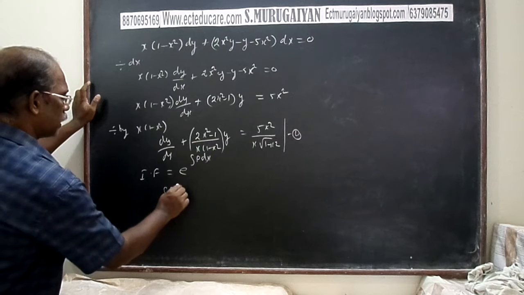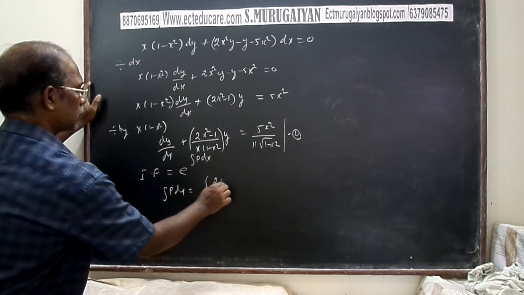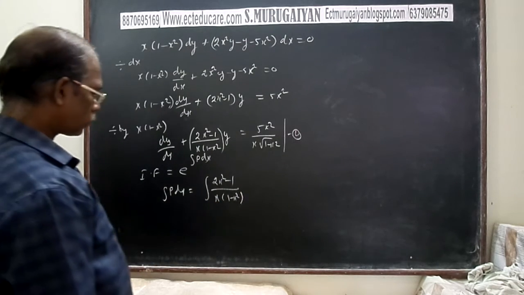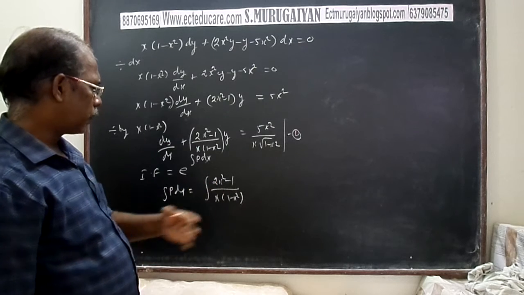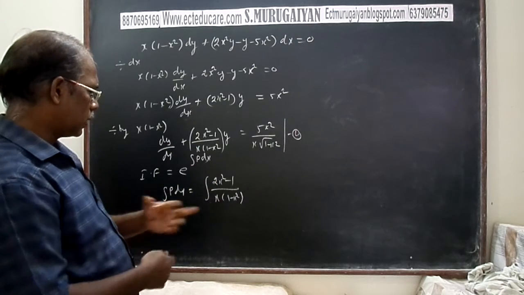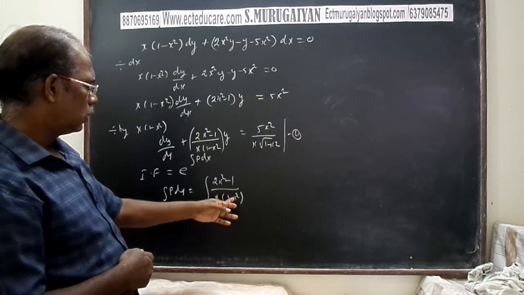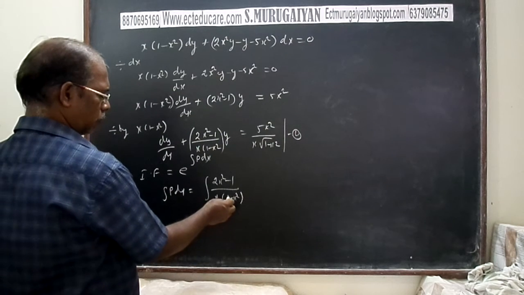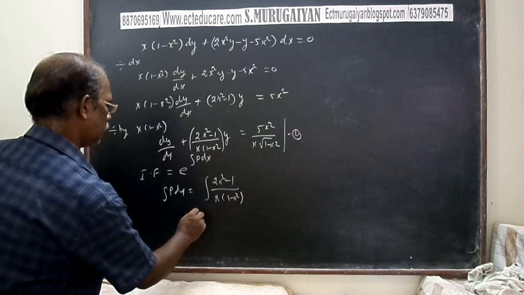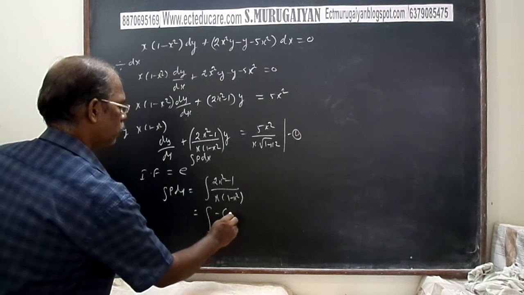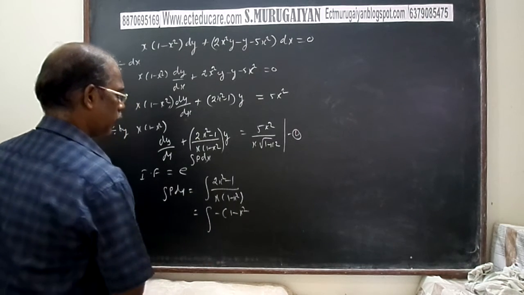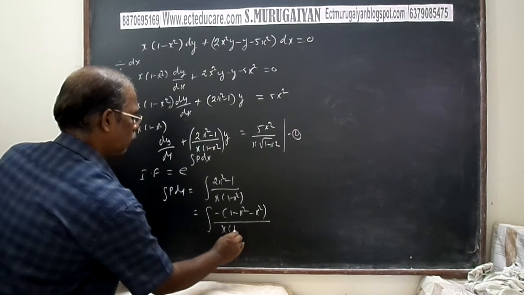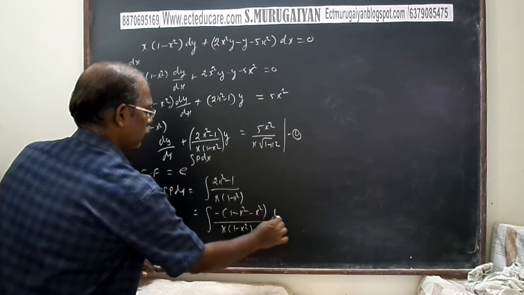Then the integral of P dx is the integral of (2x² − 1)/(x(1 − x²)). This can be done by partial fractions, with three fractions: x, 1 − x and 1 + x. Or, because of the 1 − x² here, we can do some adjustment: −(1 − x²) − x² over x(1 − x²), dx.